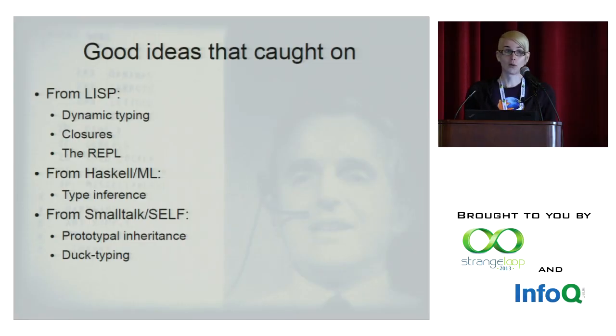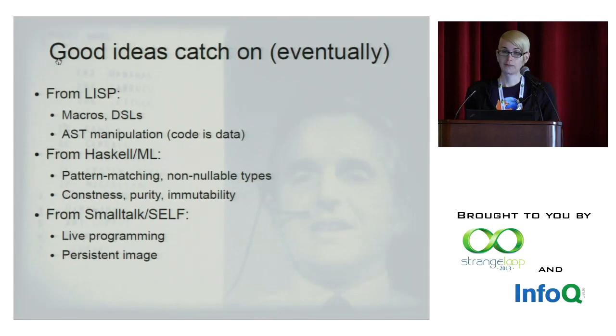I think that there are more good ideas from those languages that maybe will eventually become mainstream. From Lisp, the ideas of macros and domain-specific languages will maybe eventually become mainstream. Maybe also the idea of AST manipulation, so code is data. In Lisp, you could actually generate ASTs directly.